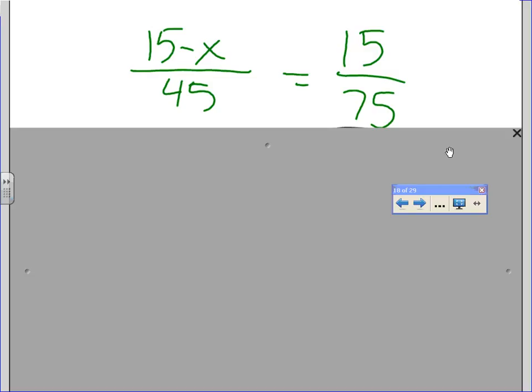Okay, so I want you guys at the back of your review to solve for x. Okay, so solve for x.